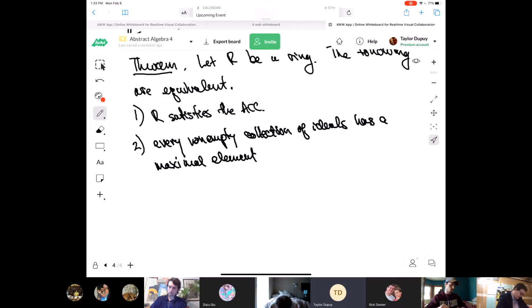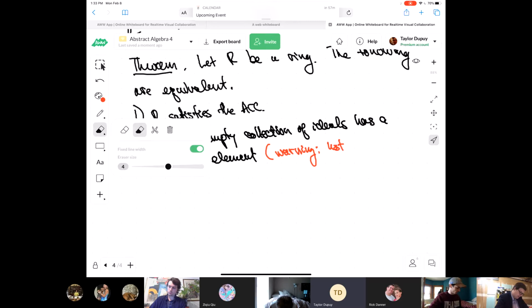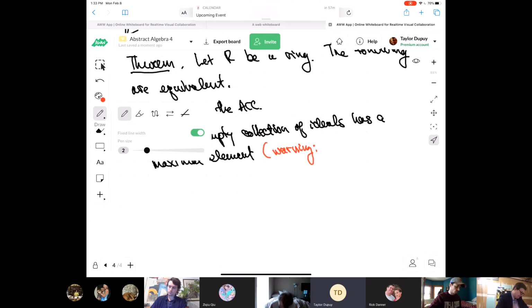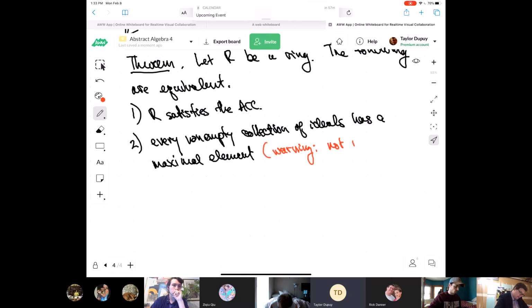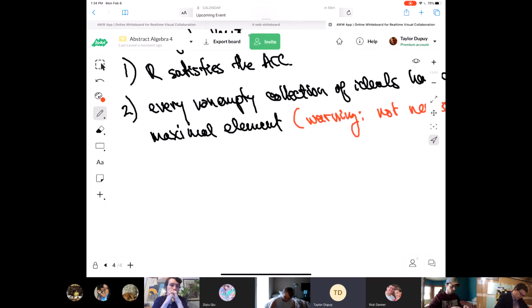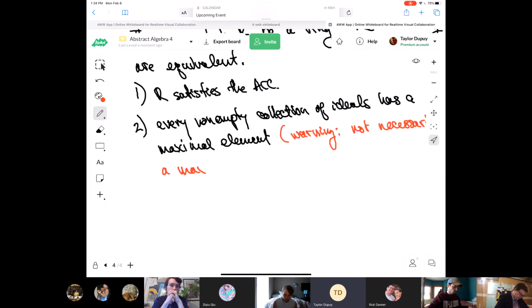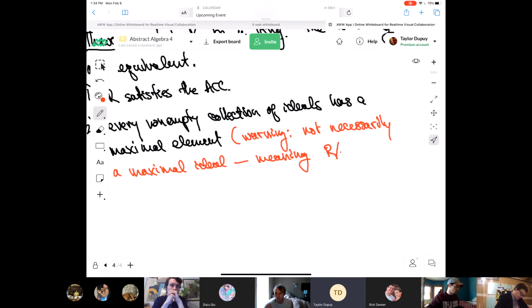And let me just put a little warning here. Not necessarily a maximal ideal. So not necessarily that the ring modulo the ideal is a prime. A maximal, just meaning R mod M is a field.